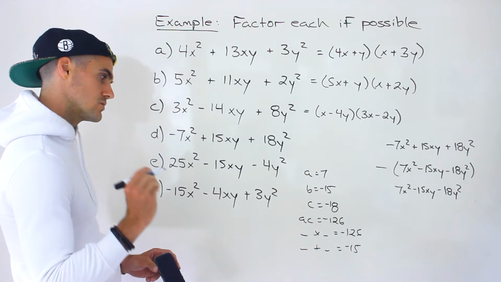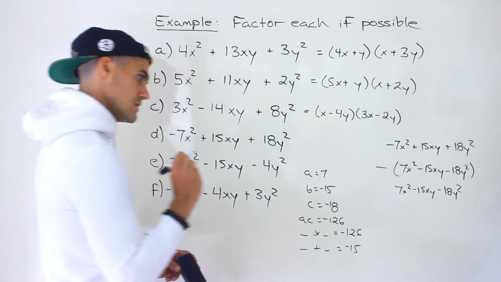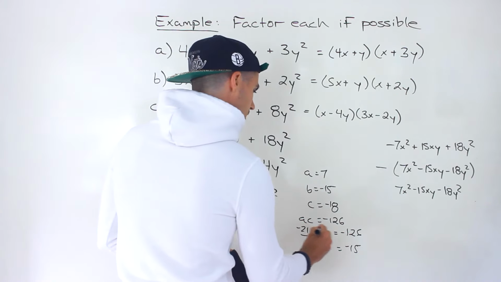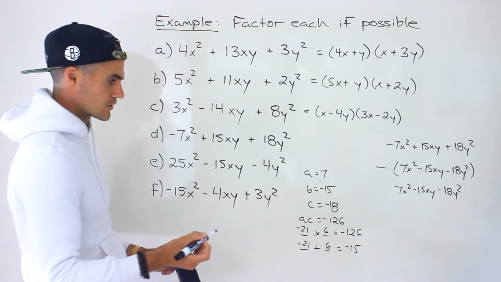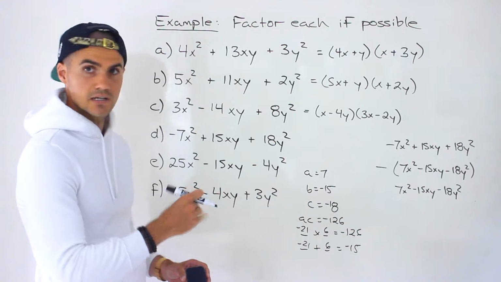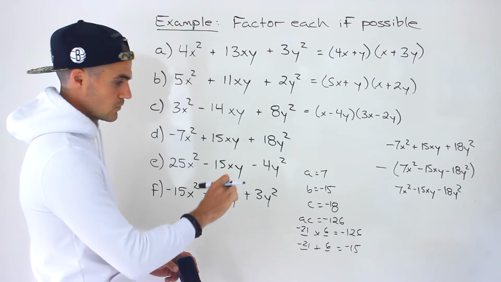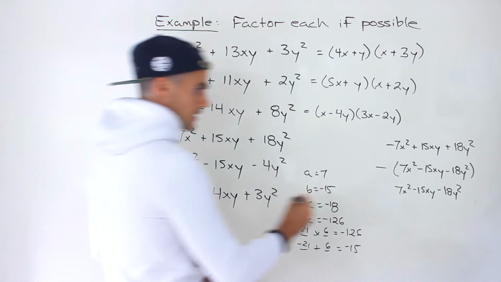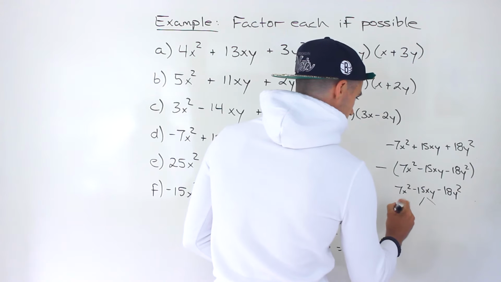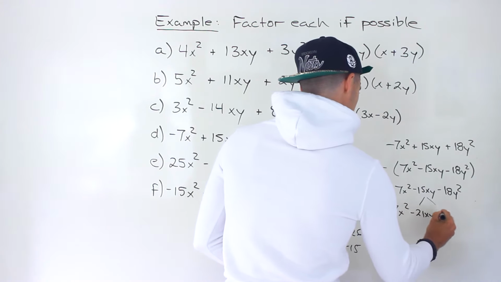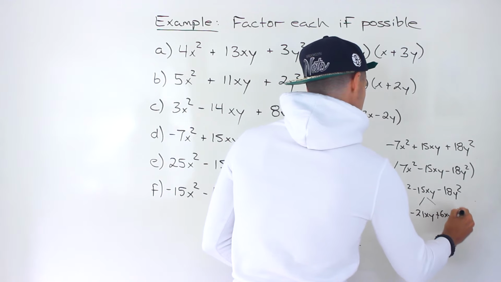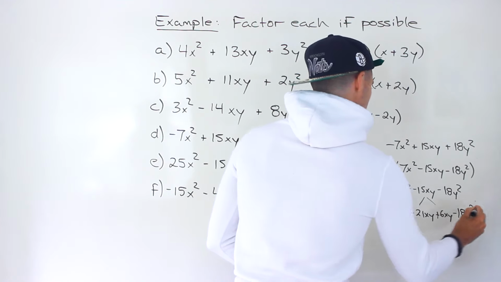And the two numbers would be negative 21 and positive 6. Those work, right? Negative 21 times 6 gives us negative 126. Negative 21 plus 6 gives us negative 15. So then we could decompose this into those two values like that.